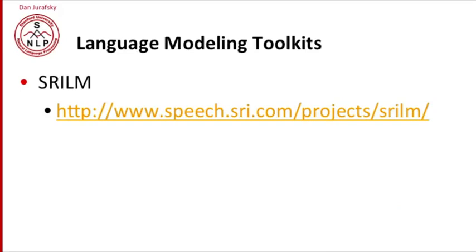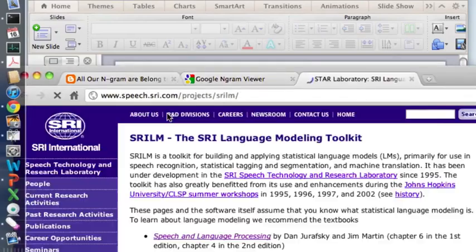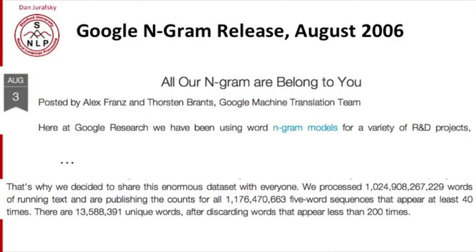There are a number of publicly available language modeling toolkits. One of them is SRILM, and you can download SRILM. Another publicly available resource is the Google Ngrams release. This has been out for over 5 years now. Google released a 1 trillion word corpus, with over 1 billion 5-grams, and 13 million unique words.